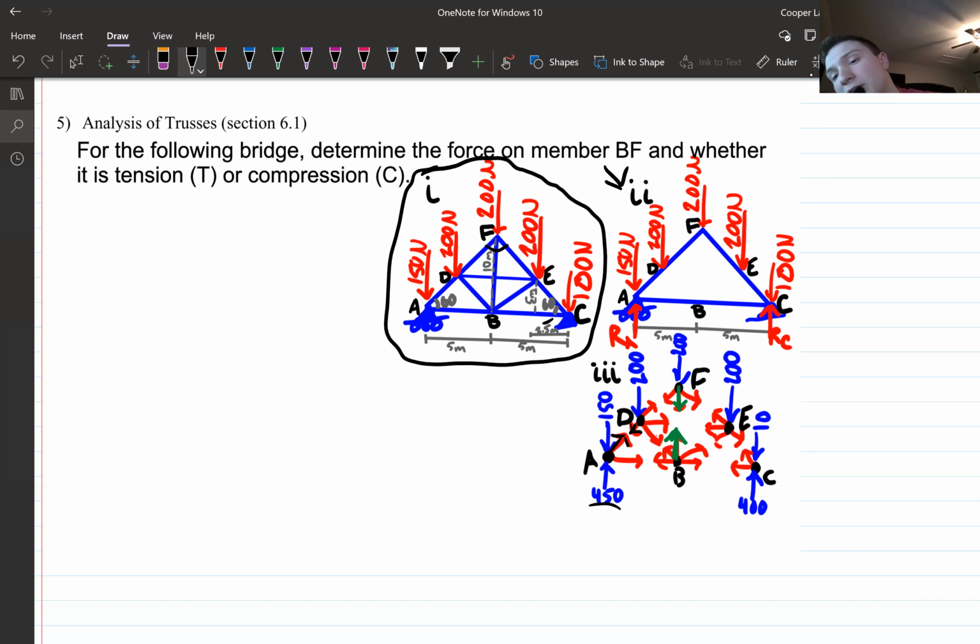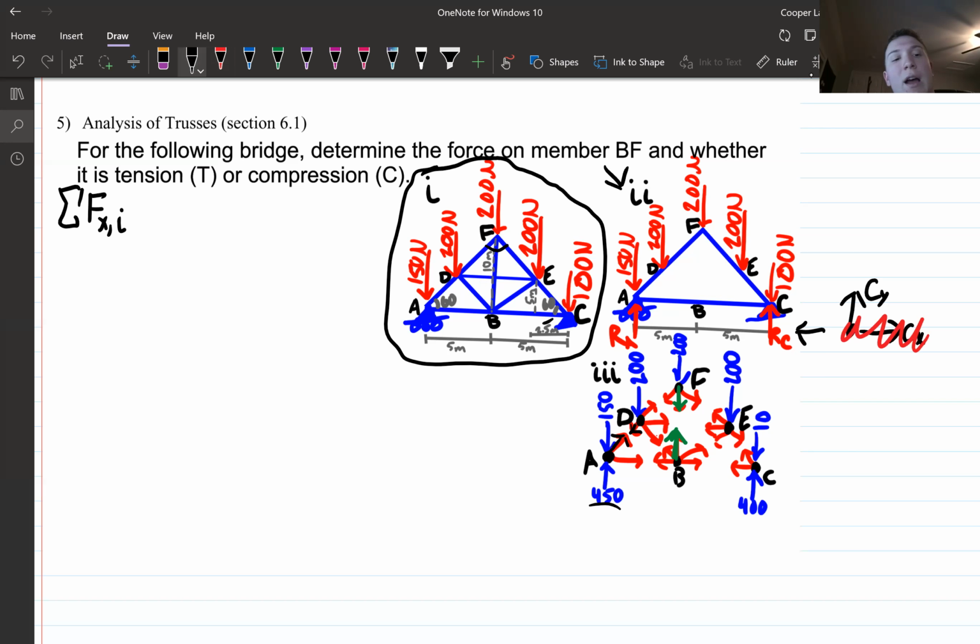Now, I'm also going to mention right now that R sub C here should be two values: C sub Y as well as C sub X. However, as you'll see, C sub X will not matter because it is the only X direction force. So for instance, if I do sigma F of X, I'm going to use I to show what direction it is.